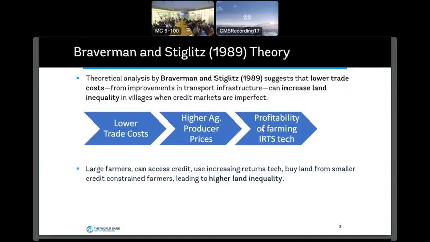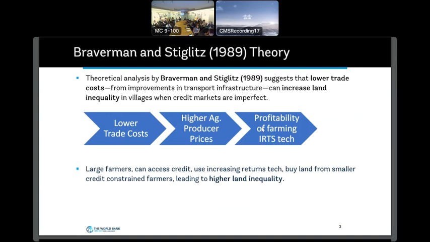Theoretically, there's a theory from Braverman and Stiglitz that suggests that lower trade costs, say from improvements in transport infrastructure, can increase land inequality in villages when credit markets are imperfect. Lower trade costs make land more profitable and increase the profitability of investing in agricultural technology.